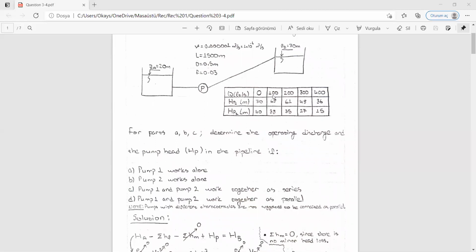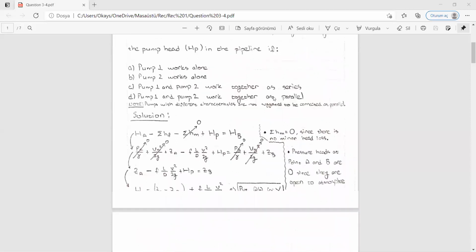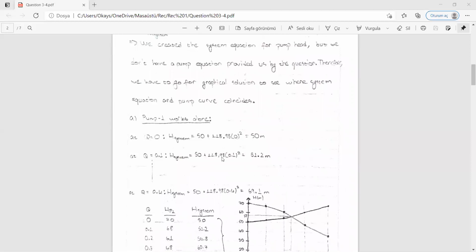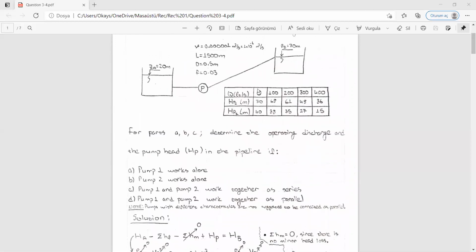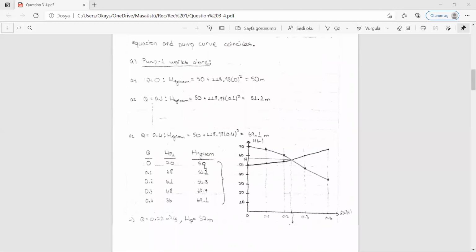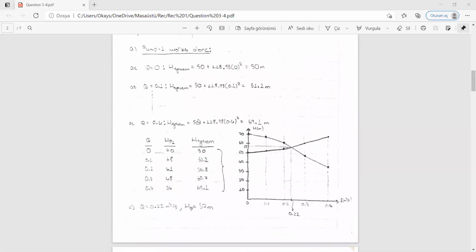When the discharge is 100 liters per second, it means 0.1 meter cube per second. So you bring it and put it into this equation, and you get 51.2 meters as a pump head. And you will do it for 5 of them. I calculated and put them here. You go like 50, 50.1, 54.8, 60.7, and 69.1.